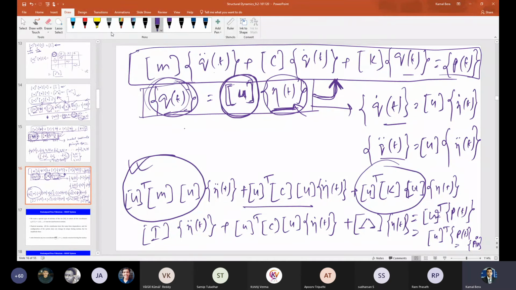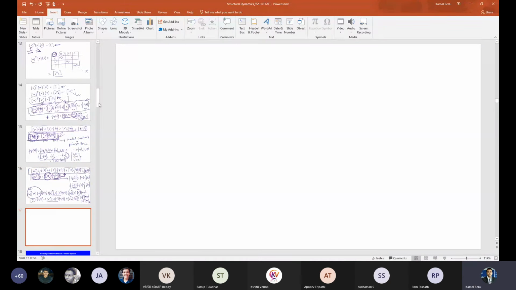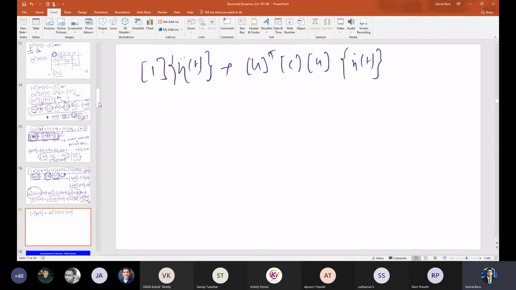So assuming that, if there is no damping, then obviously you can see the equations are uncoupled, right? Now I can solve it as an individual equation. What I am getting, again writing here: eta double dot t plus U transpose C U eta dot t plus the spectral matrix into eta t, which is nothing but the diagonal of the square of the natural frequencies, or the eigenvalues basically, equals P star t.